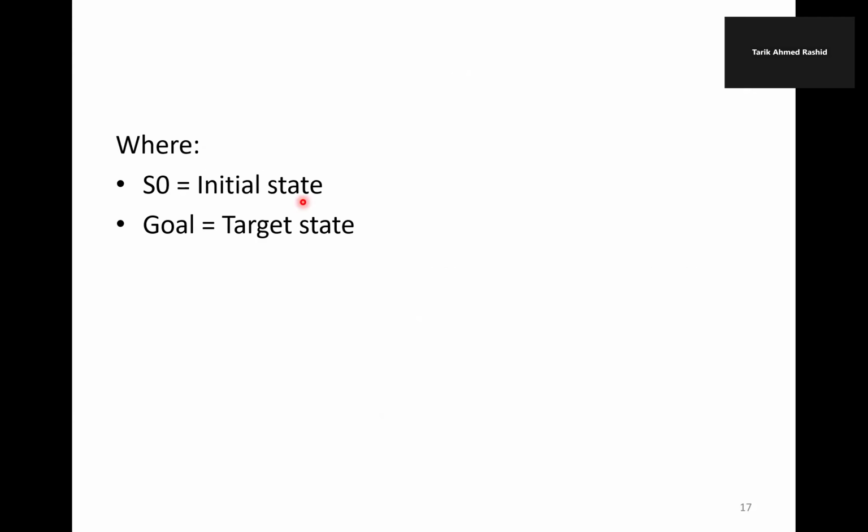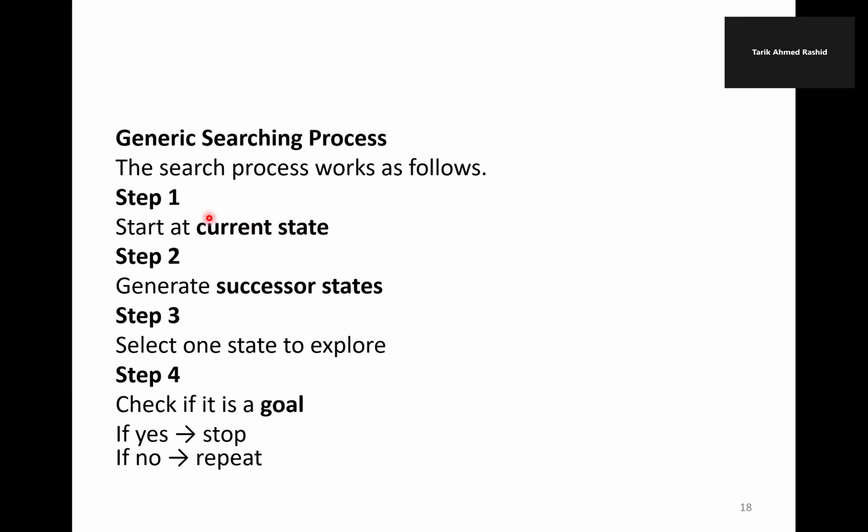S0 is the initial state, and the goal is the target state. So if we are in step 1, we are in the current state, take an action, go to the next or successor state, take an action, and explore more until we arrive at the goal.